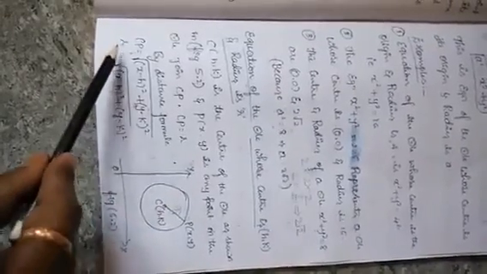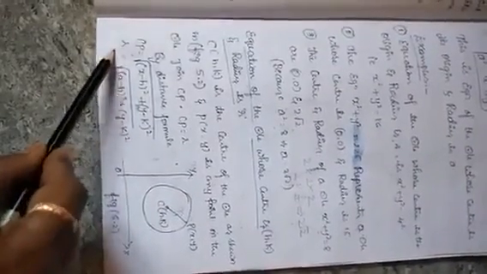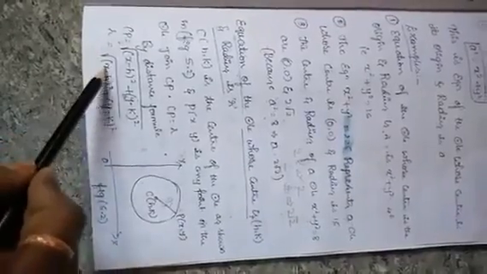Then CP, the radius of the circle, can be written as r, which equals the root of x minus h whole square plus y minus k whole square. Now, squaring on both sides, the square root and the square get cancelled.